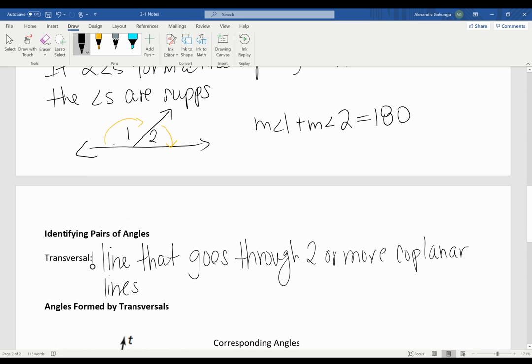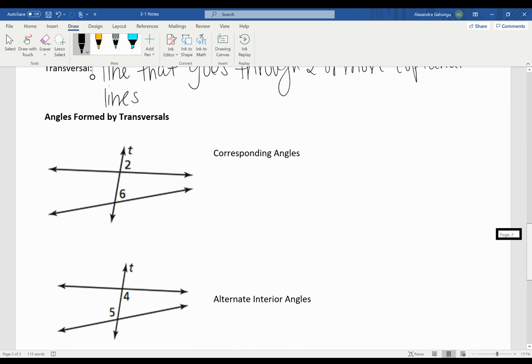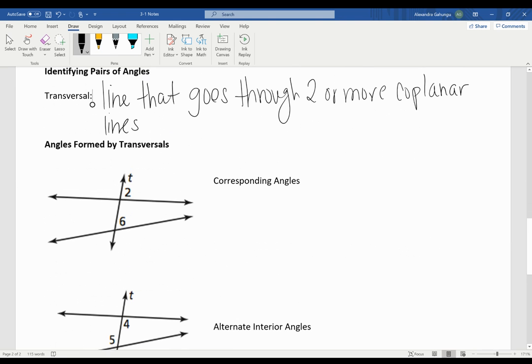So our first set of angles formed by our transversal, so this T is our transversal, and it's cutting through our two coplanar lines. We first have our corresponding angles. Those are known as our angles that are in the matching positions.